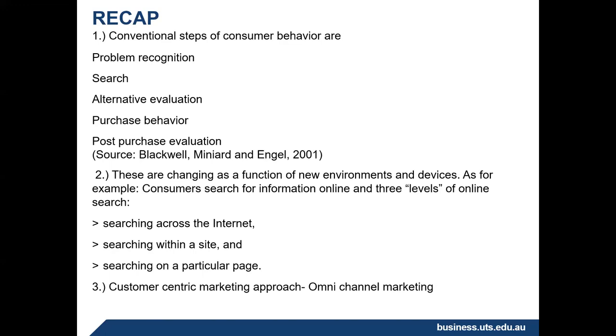And we noticed that there are three levels of online search: a generic search across the internet, then within a website, and then search on a particular page. We looked at all of the different aspects that influence consumers when they're making purchases, and therefore having a customer-centric approach becomes very important.